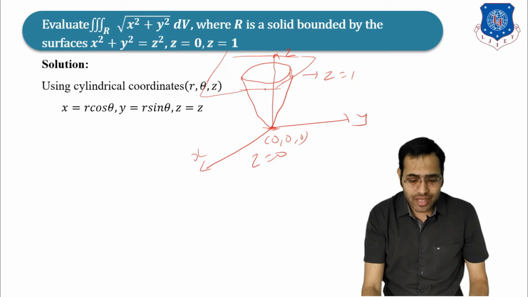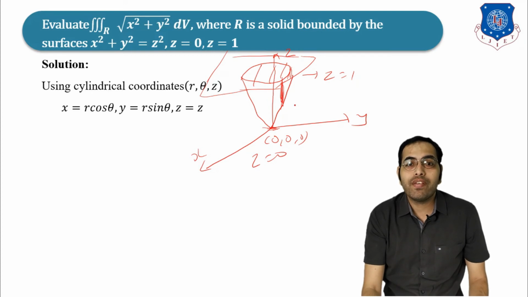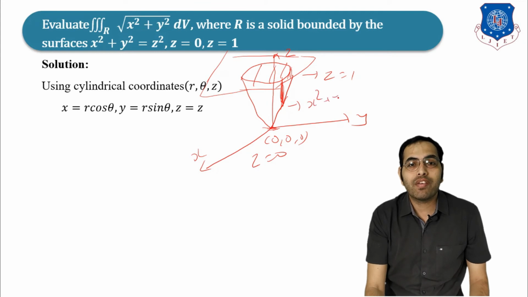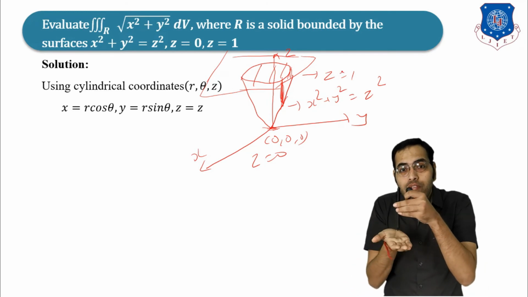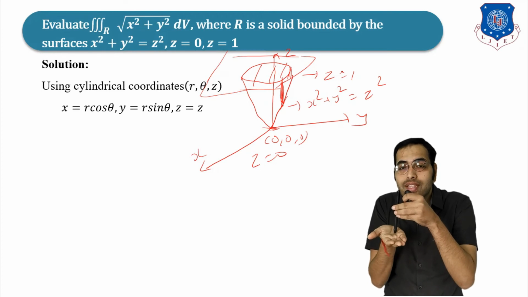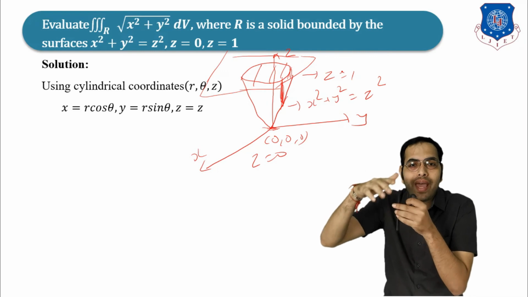In this region we take a vertical strip to find the limits of z. The cone is x square plus y square equal to z square, and the plane is z equal to 1. The vertical strip touches one boundary, the cone, and the other boundary, the plane.